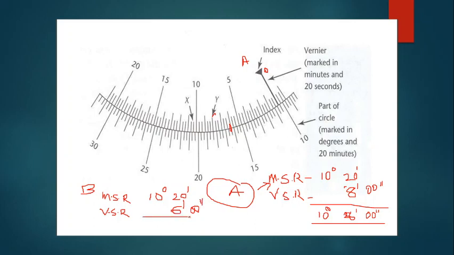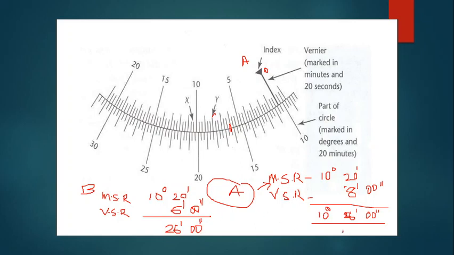So now the total reading will be 10 degrees 26 minutes 00 seconds, but in the tabular form there is only provision for writing minutes as well as seconds only. So I must enter here 26 minutes and 00 seconds. I think I'm clear so far.